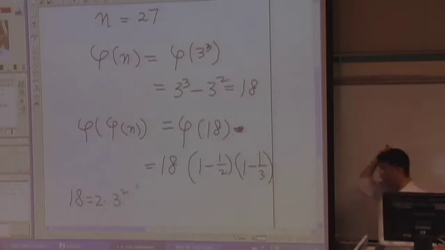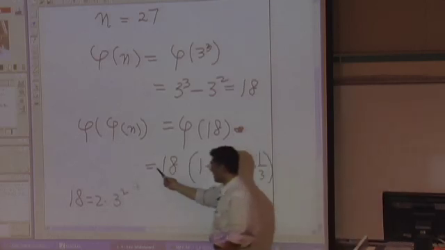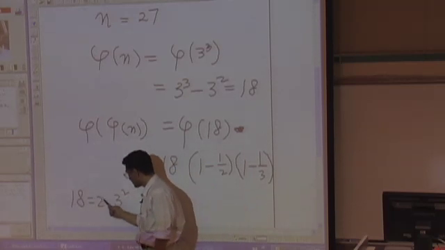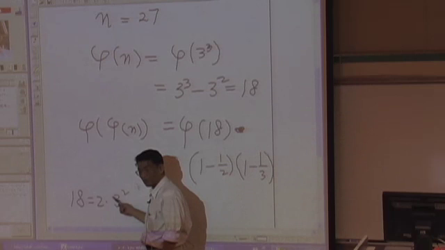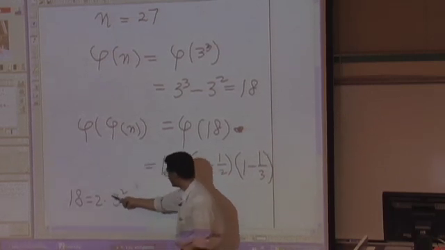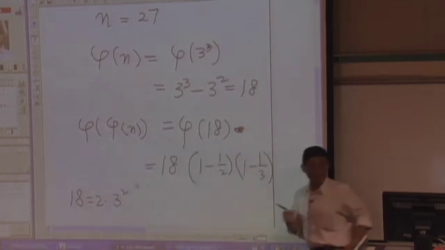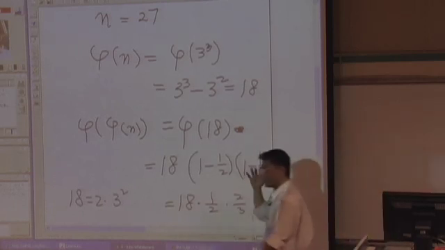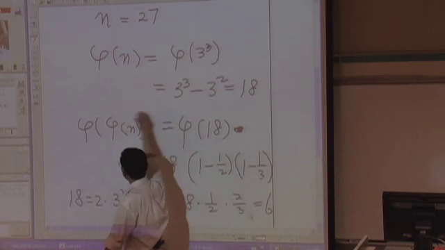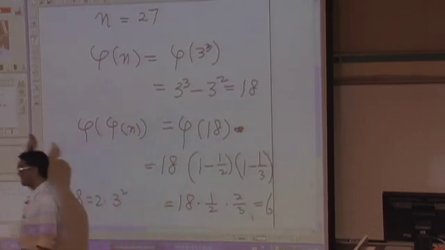So 18 times 1/2 times 2/3, total 6. So there are 6 primitive roots for the number that you chose, or I modified, 27.